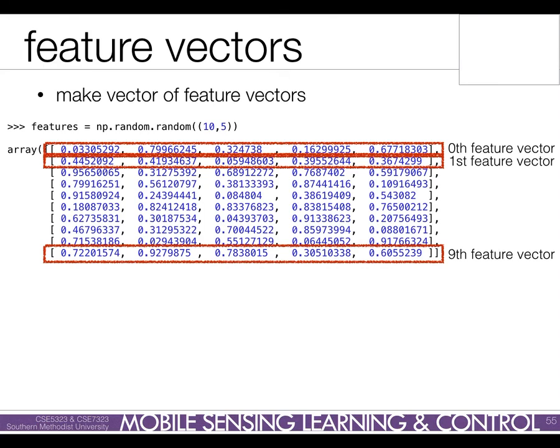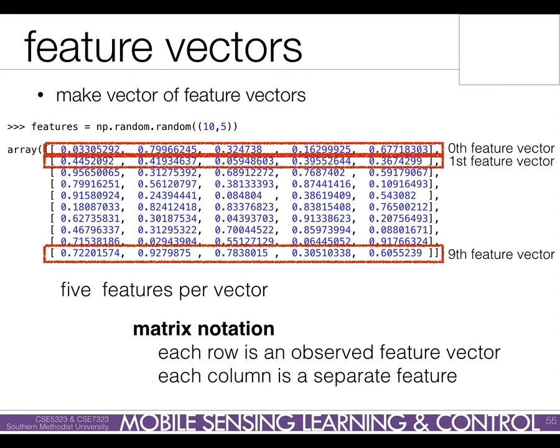So I've got 10 observations with 5 features in each feature vector. That is the structure that Scikit-Learn expects. Each row is the observed feature vector, and each column is a separate feature. Any questions on this? If you don't get this, then you won't get the rest of the slide. So ask if you've got a question.